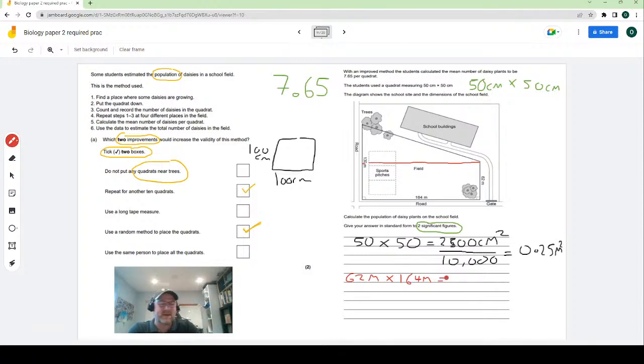Yep. So the rectangle is 62 times 164. The rectangle is 10,168 meters. Right, so that's a separate mark.